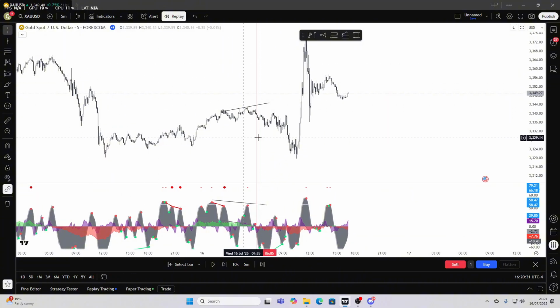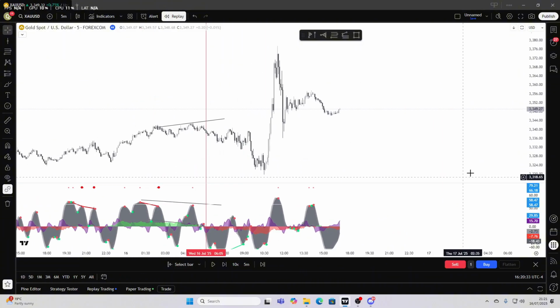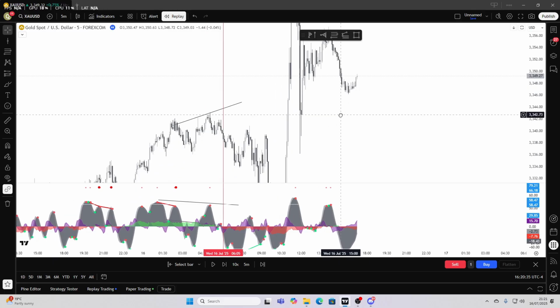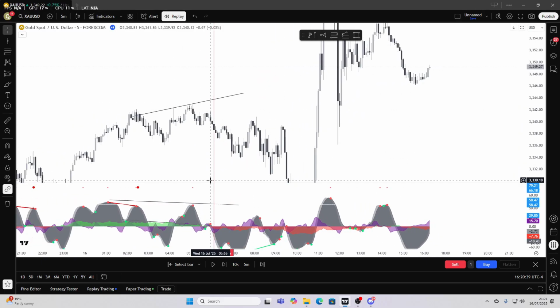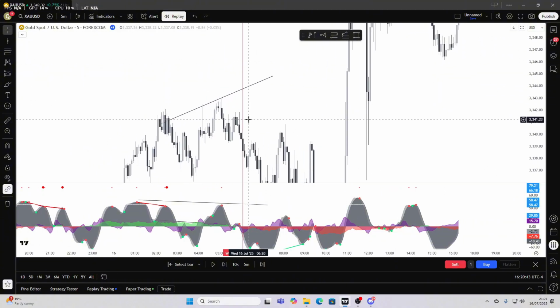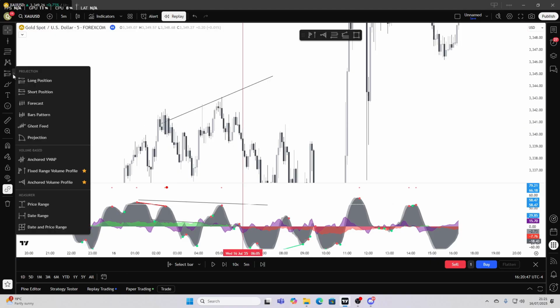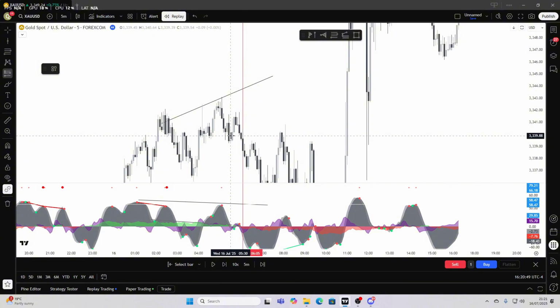So that situation there. So using that same entry sequence, I actually entered on this. My initial position was on this here, this candle. So as soon as that printed, I shorted.